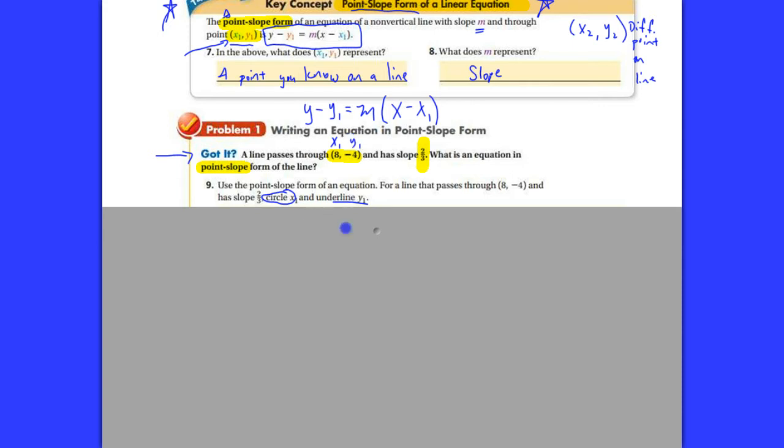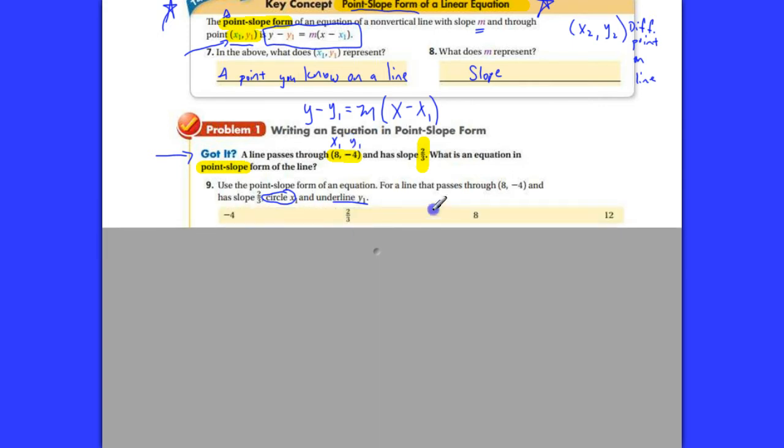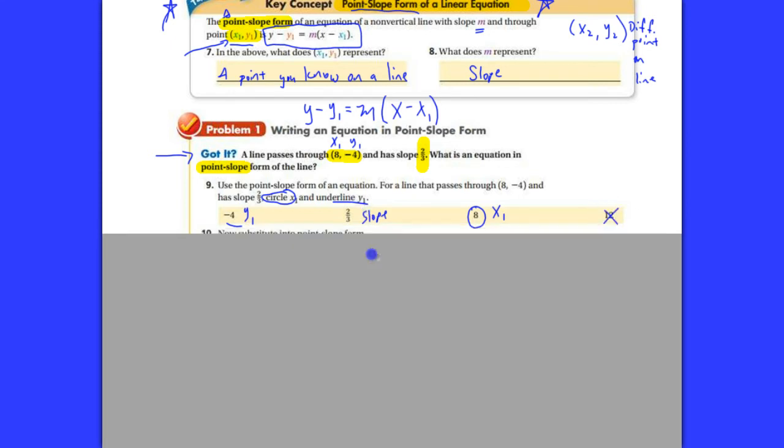So I circle x sub 1, which is 8, and underline negative 4 because that's the y sub 1 value. They're just trying to get you to think through the formula. This 2/3 is the slope, and this 12 has nothing to do with our particular equation.